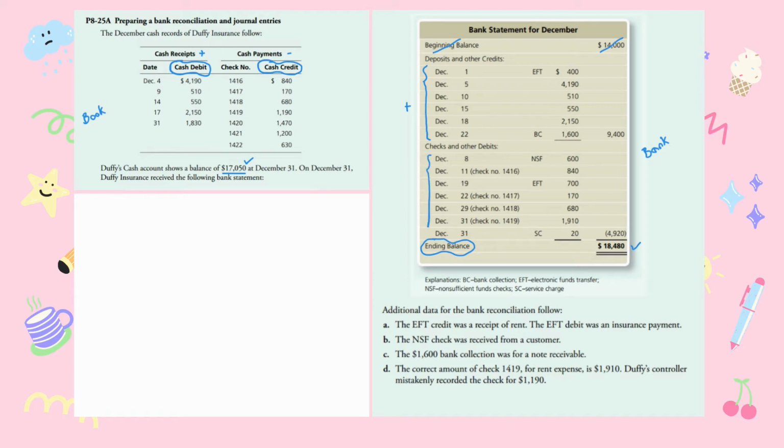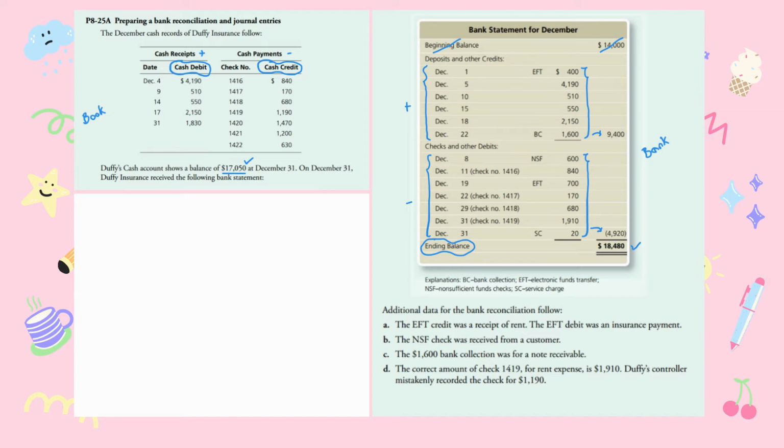So this is the cash decrease. This is the total. I don't care about the total. And this is the total checks. Again, we don't care about it. It's 14,000. You add to it 9,400. Then you subtract 4,920. So you get the ending balance.